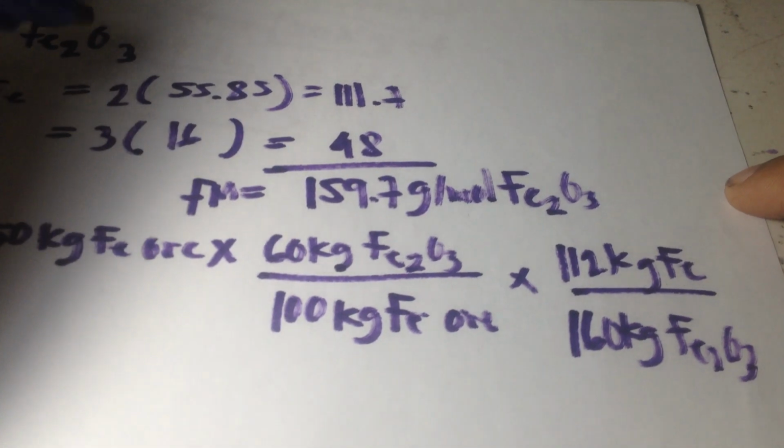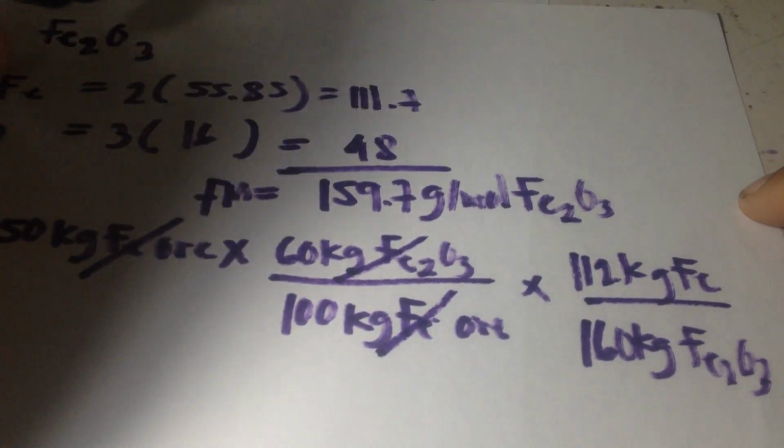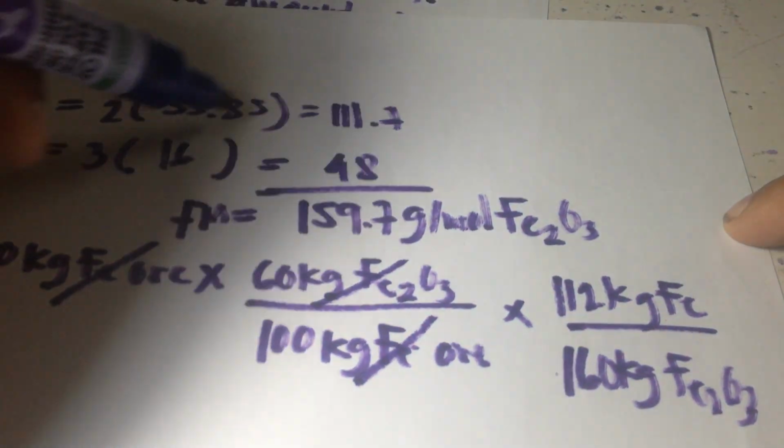So cancel out; 159.7 is rounded up to 160 and 111.7 is rounded up to 112.